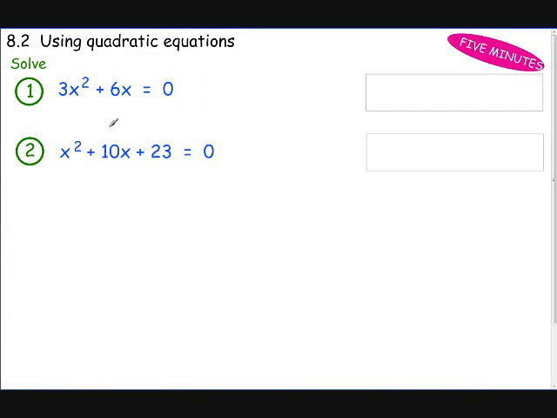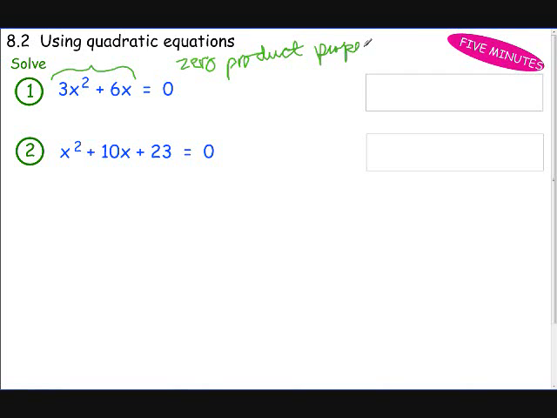We're going to do a little review of what we had done previously. Here I've got a quadratic expression. I like the fact that these are already set to 0. So if I want to use the 0 product property, I'm already set up for that.